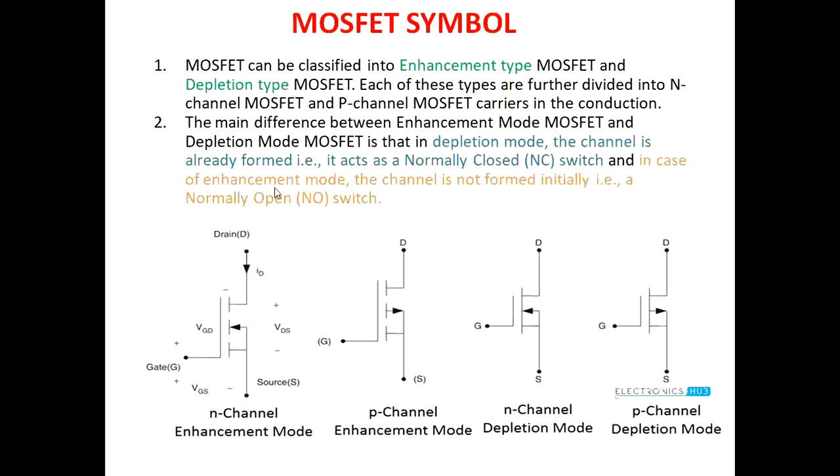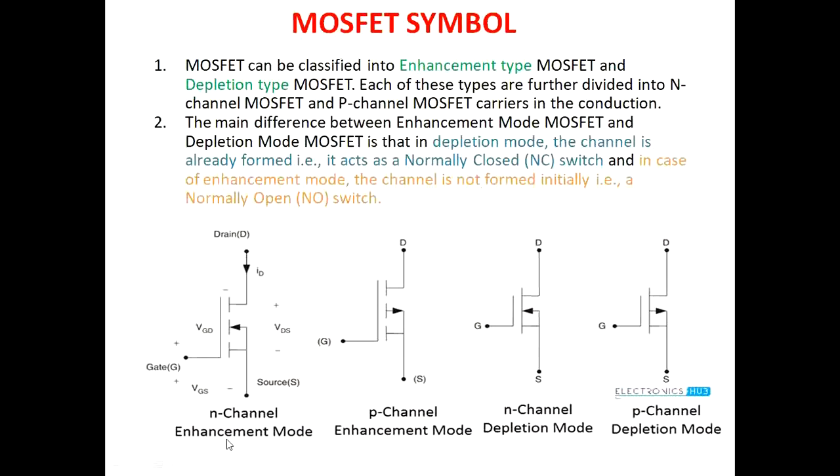In case of the enhancement mode, the channel is not formed initially. The channel will be created when the voltage is above the threshold voltage. Initially there is no channel, and that's why it is called a normally open switch. So these are the two main types of MOSFET: enhancement MOSFET and depletion MOSFET.